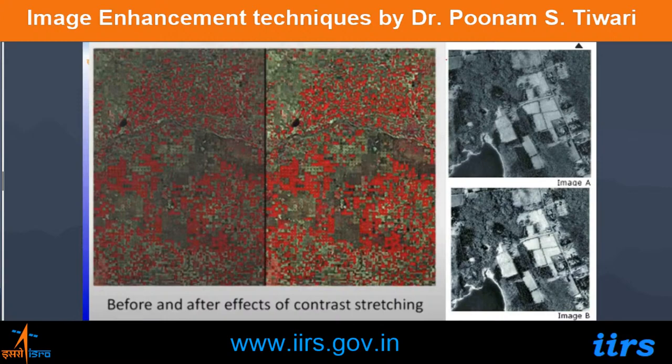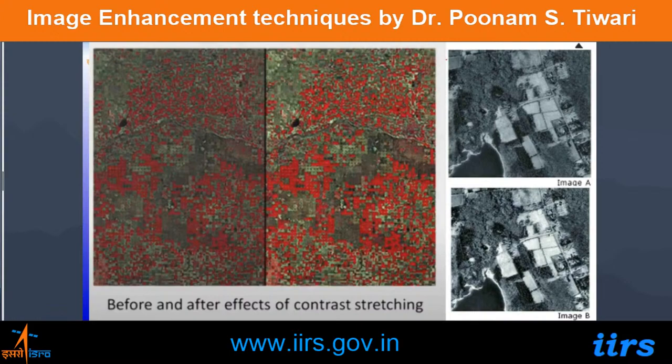So percentage linear contrast stretching is similar to minimum maximum stretching, except that this method uses specified minimum and maximum values that lie in a certain percentage of pixels from the mean of the histogram. Similar to percentage cutoff stretching, we have standard deviation linear stretching. From the mean of the histogram, we can select one, two, or three standard deviations.